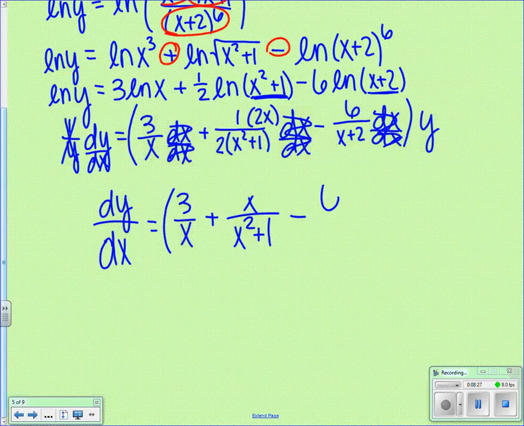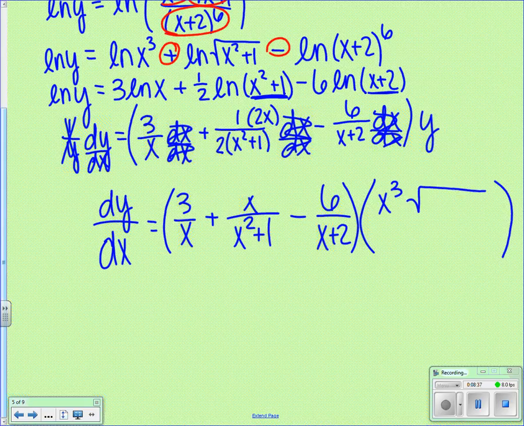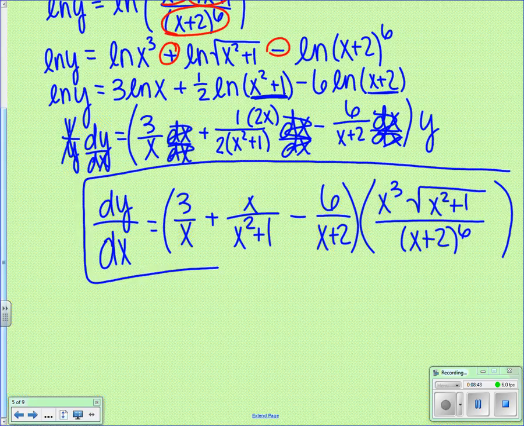Then we have minus 6 over x plus 2. And then we've got to put our y, which is x cubed, the square root of x squared plus 1, over x plus 2 to the 6th. And so this whole thing right here is going to be your answer. And you don't have to worry about distributing that or anything. You're going to leave it just like that.